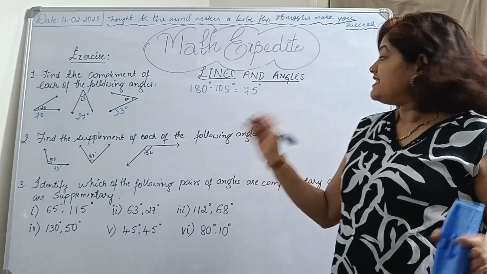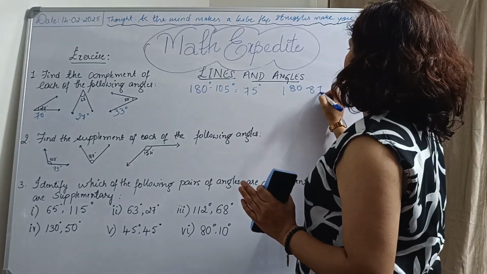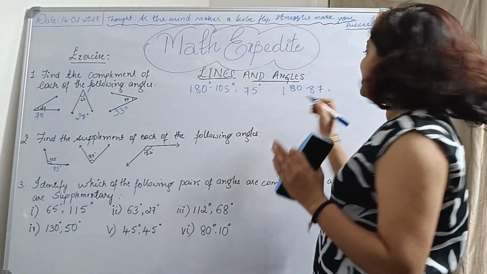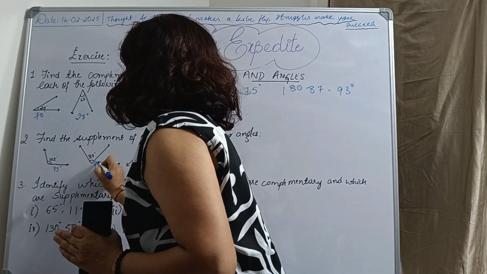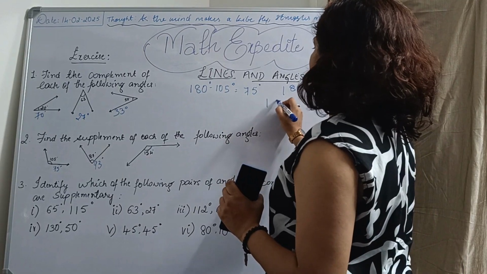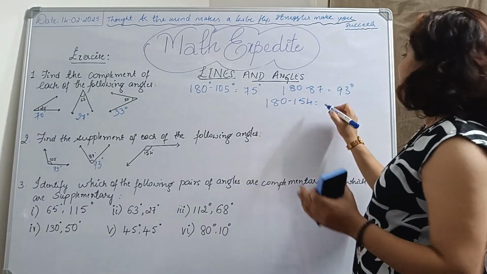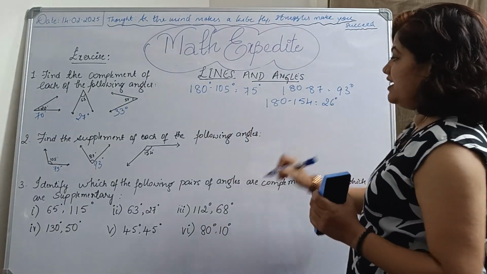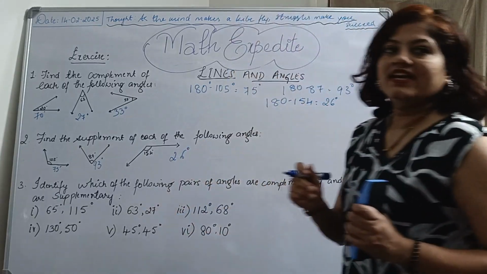Coming to 87, here we will take 180 minus 87, we get 93. So for this, the supplement angle will be 93, and for 154, 180 minus 154, you will get 26 degrees. So the supplement angle for this is 26 degrees.